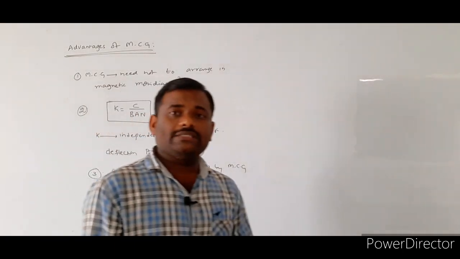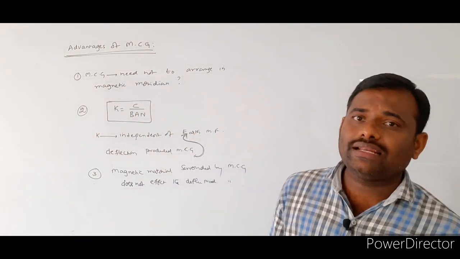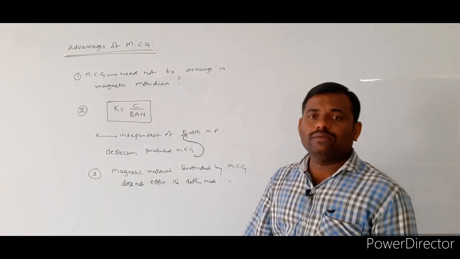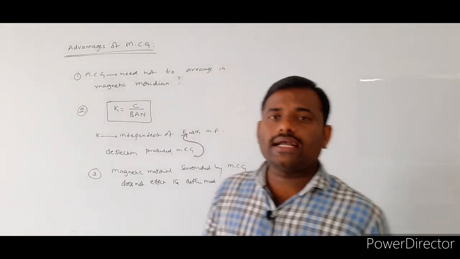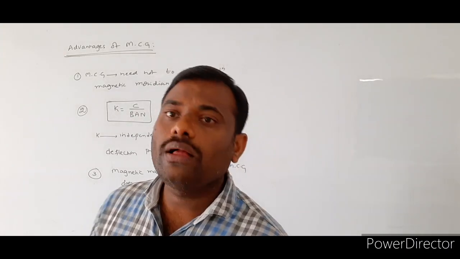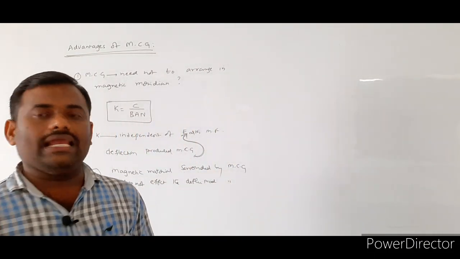So while you are doing the experiment, if any magnetic materials are placed nearby, those are not affecting the results we take by using the moving coil galvanometer.